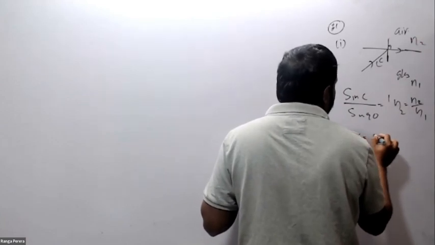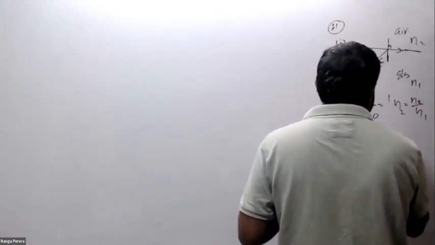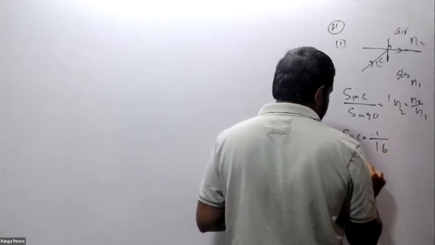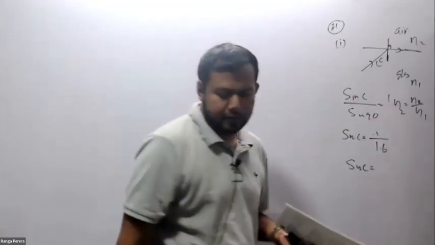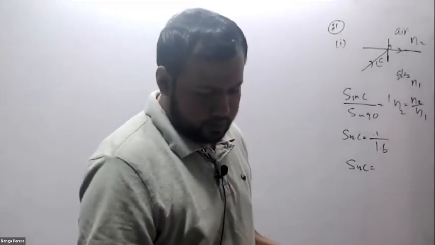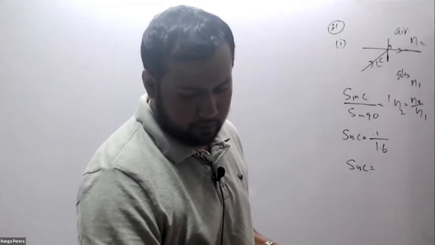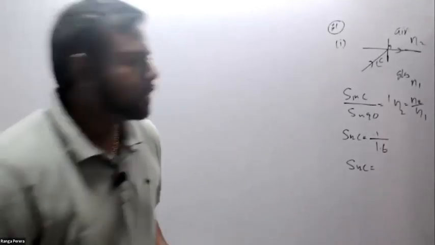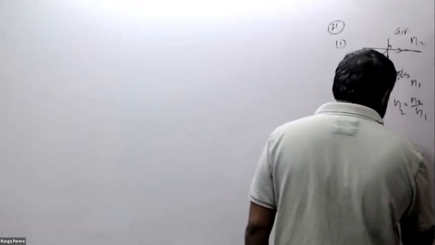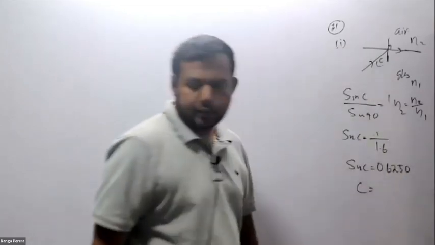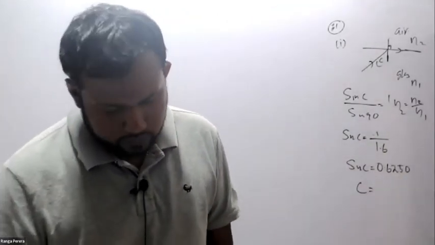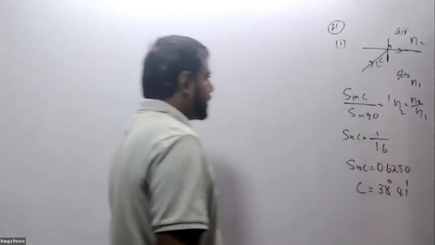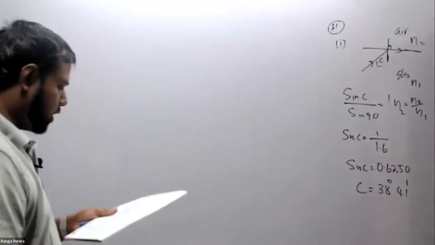Sin C equals N2, which is 1, and N1 is given as 1.6. So sin C equals 1 divided by 1.6. Can one of you tell me the value? 1 divided by 1.6. 0.6250. Then what's the critical angle? 38.41. Yes, exactly. Right, check the others also, we get the same answers. You all get the same answer.